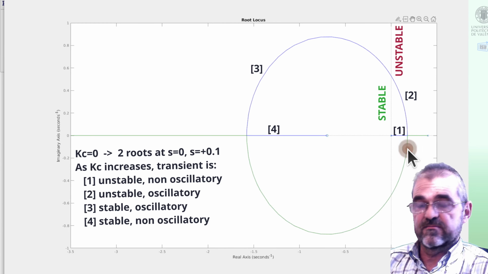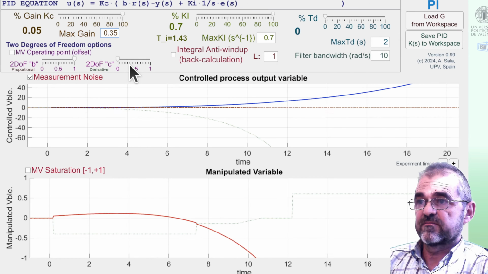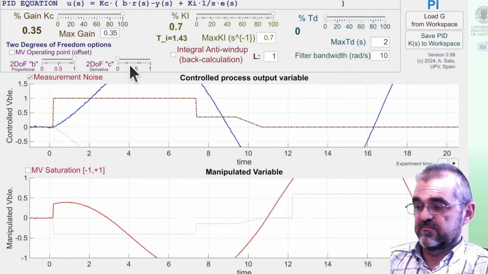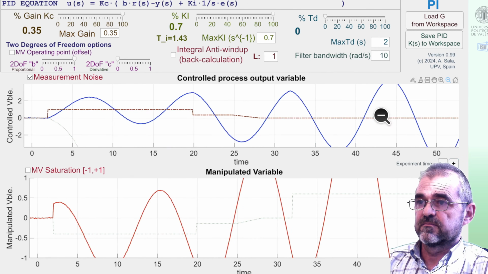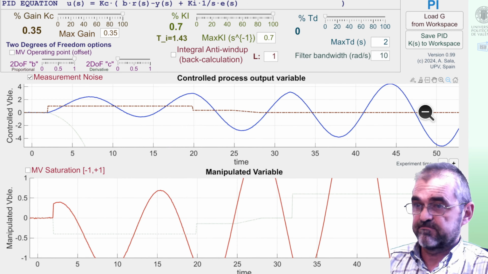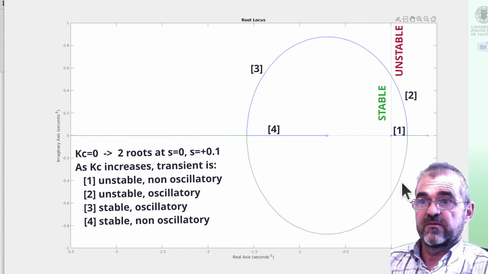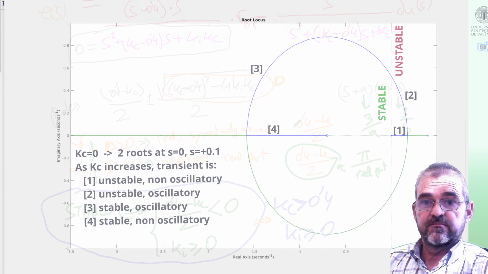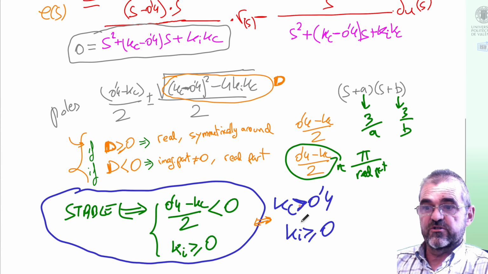Slightly higher Kc, 0.35, achieves these unstable, exponentially increasing oscillations as predicted by this branch of the root-locus. 0.4 will be marginally stable, because that was the conclusion of our stability analysis in our previous video.